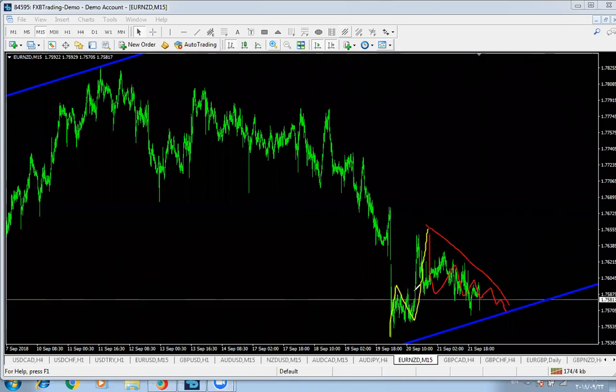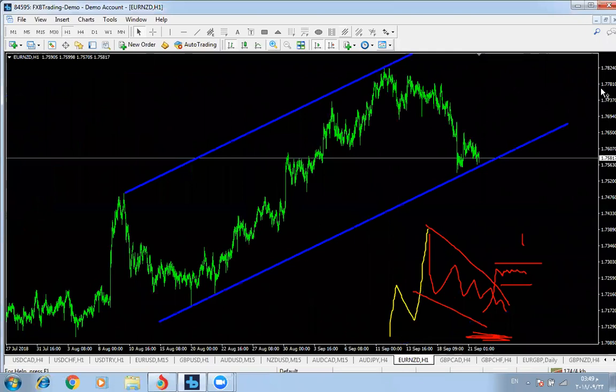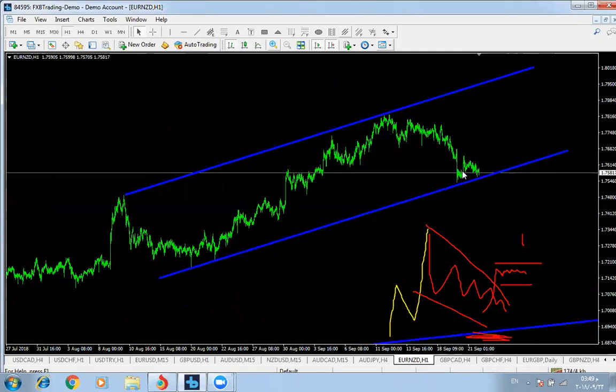So our safe entry point should be once the price started to move above this channel. We enter our long position, and our stop loss should be below the corrective channel, and our target: we can exit once the market establishes a new high at this area and touches the blue line within the channel.